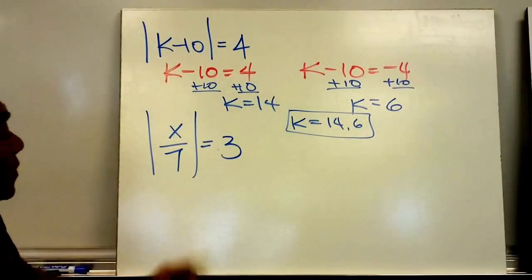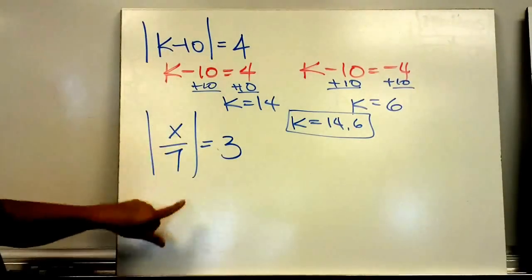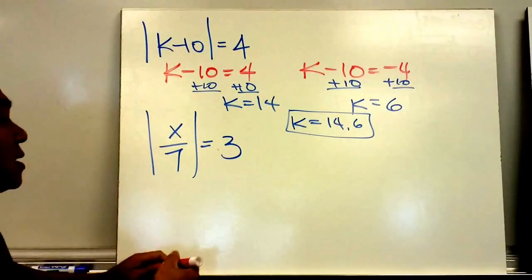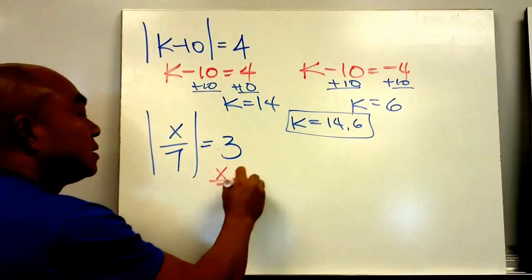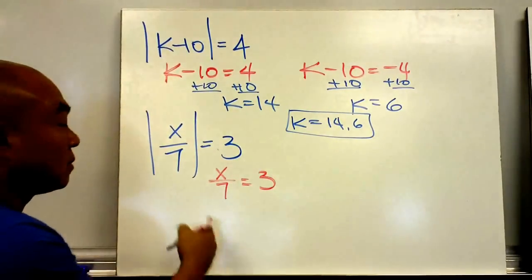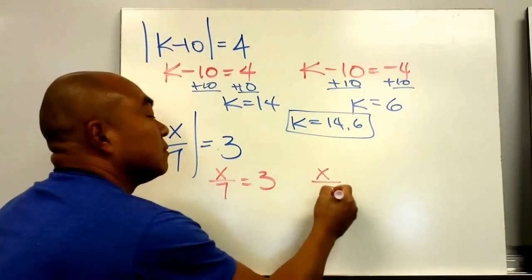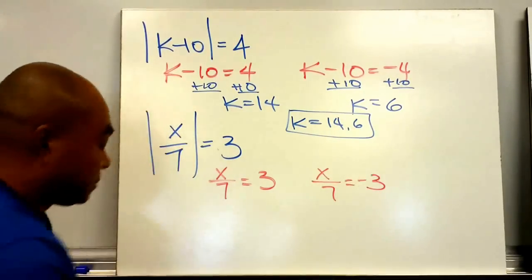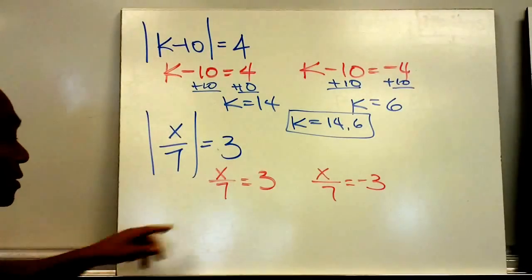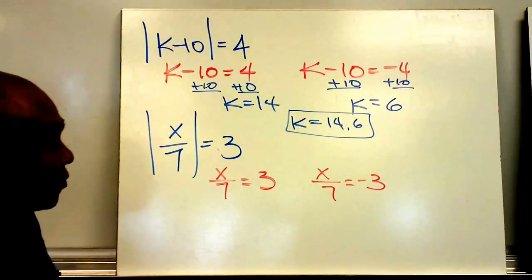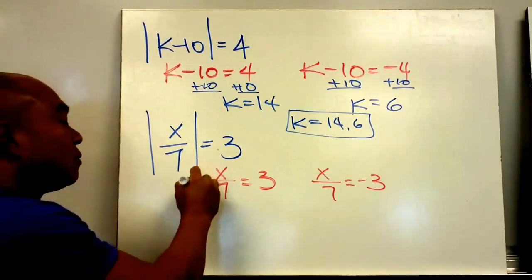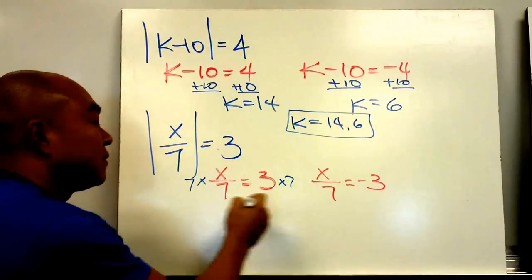Alright, how about this one? Well, this is a division problem. So again, I'm going to set this up in 2 ways. So I'm going to have x over 7 is equal to positive 3. Then I'm going to have x over 7 is equal to negative 3. Alright, and just like we figured out before, if we are dividing by 7, to undo that operation, the inverse operation, I would multiply this by 7, multiply this by 7.